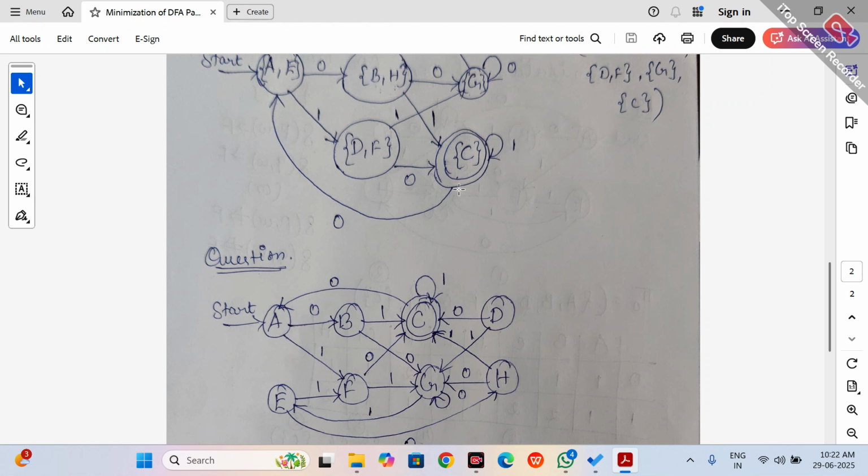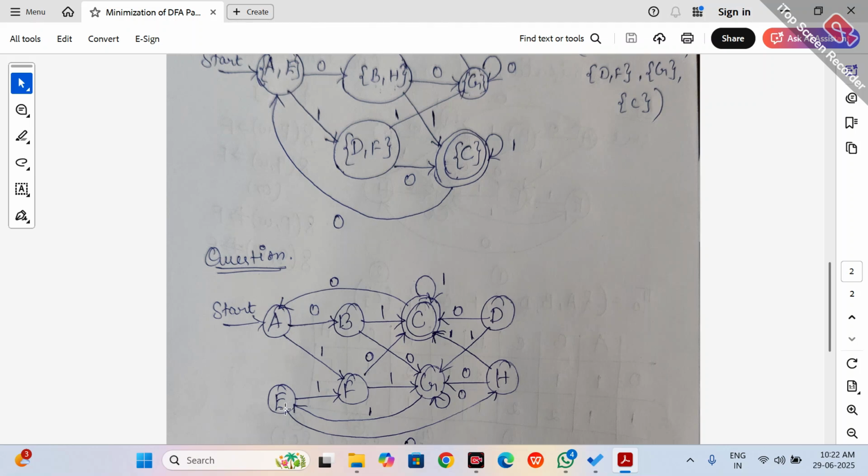And for D, for input 0 it is C and for input 1 it is G.